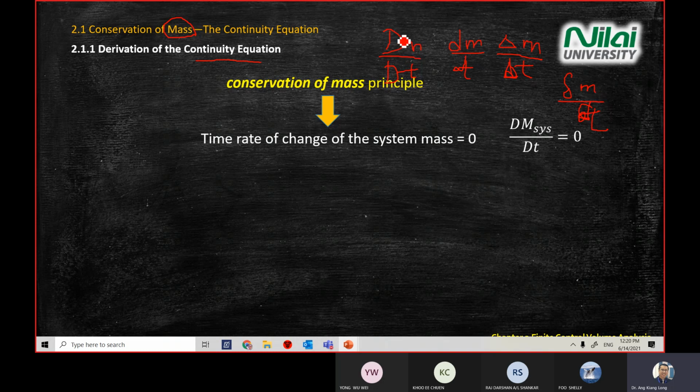So when you look at capital D or small d, or even delta symbol, it means something that you can measure, either with your weight or with your machine, or ruler. Then you use d, delta.